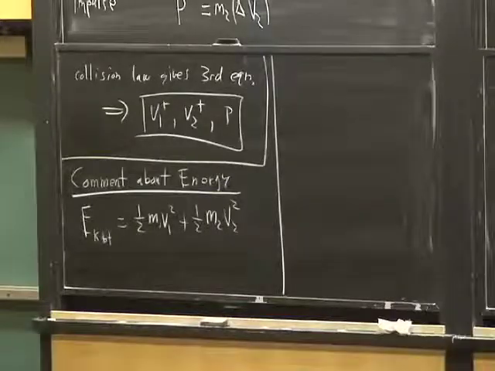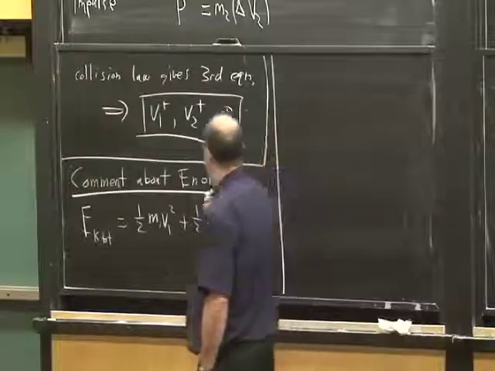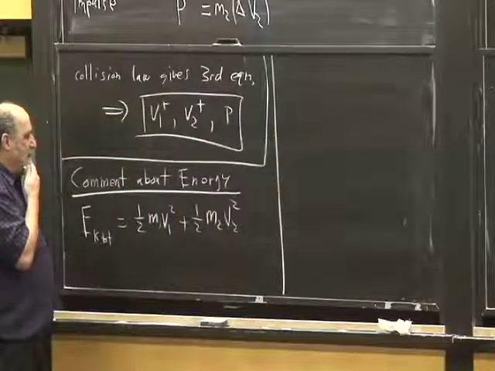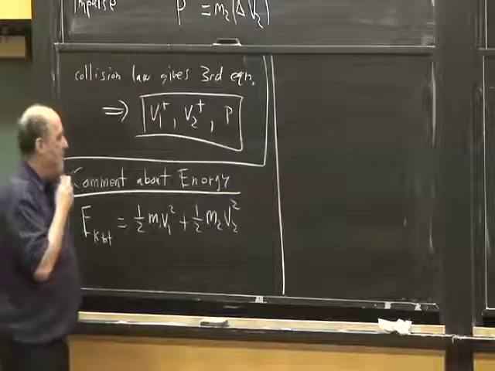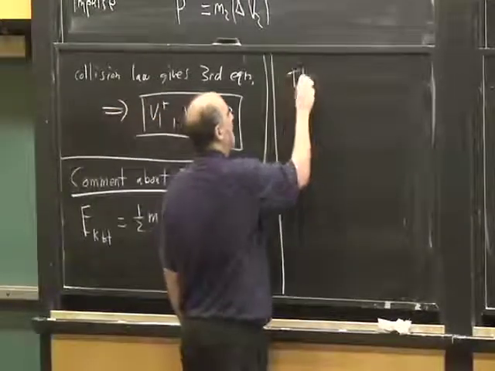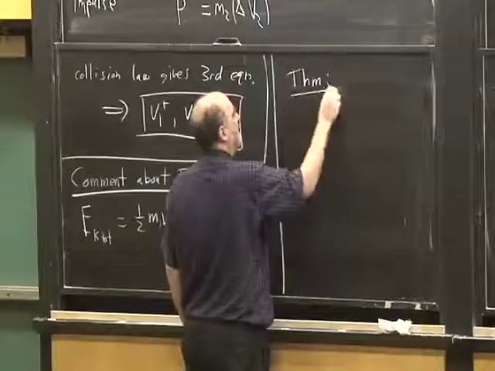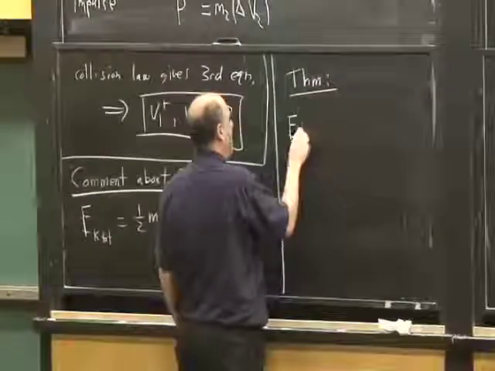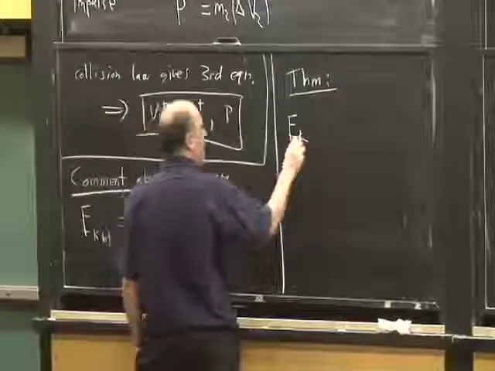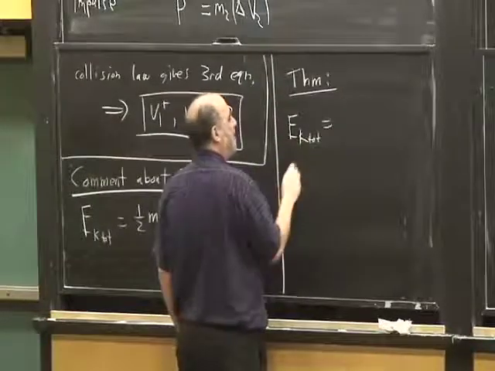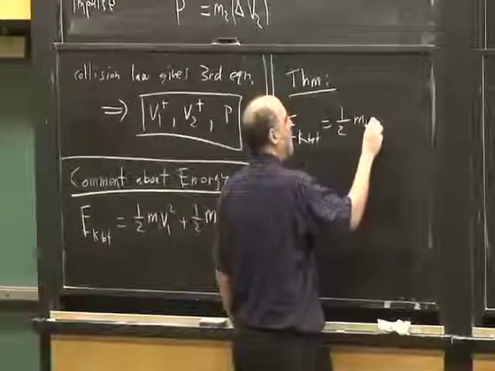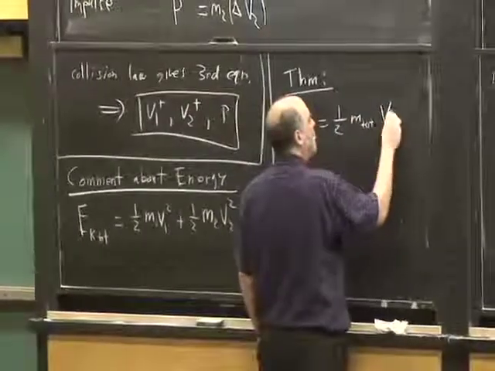What I'm now going to tell you is a theorem, and it's not a lot of algebra, but I don't want to do that algebra for you because I don't think you enjoy algebra any more than you enjoy MATLAB. So I'll just tell you this theorem. The theorem is that this E_K, for the system, E_K total, is equal to 1/2 m total V_G squared.